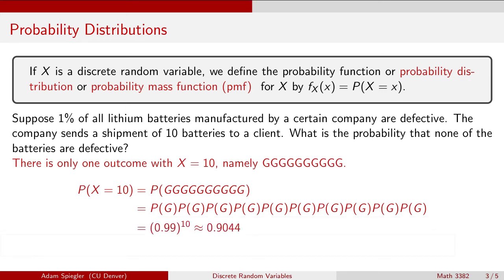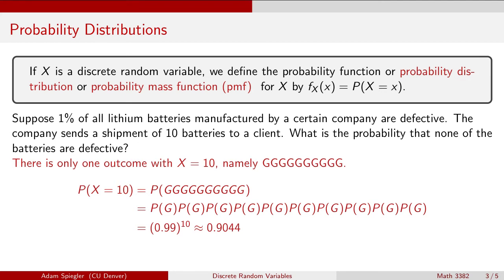The probability of getting a good battery on any one selection is 99%, so the probability of getting all 10 good batteries would be 0.99 to the 10th power, which comes out to about 0.9044. In other words, there's about a 90% chance that you get a shipment where all 10 batteries are good. None of them are defective.